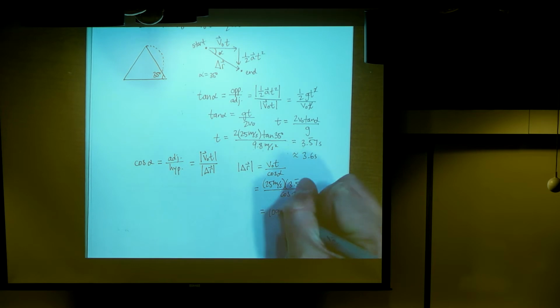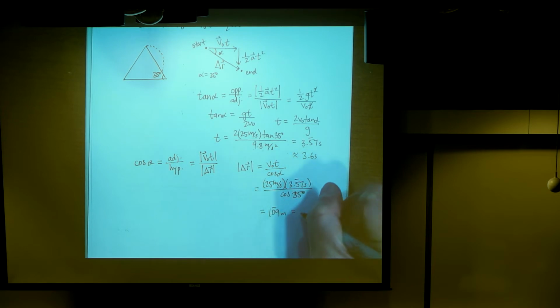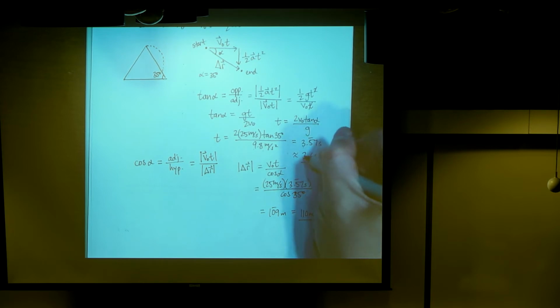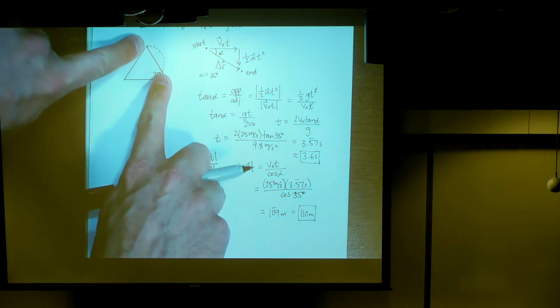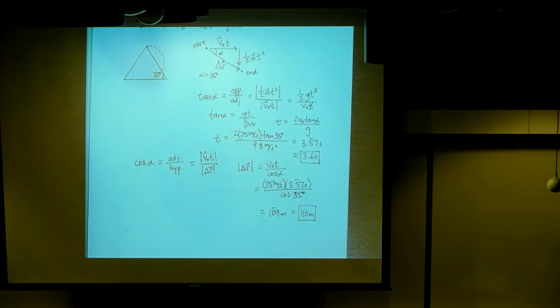Yeah, 109-ish, but we'll round that to 2 sig figs, 110. So it takes 3.6 seconds in the air to land, and when it does land, it's 110 meters down the slope from where it started, okay?